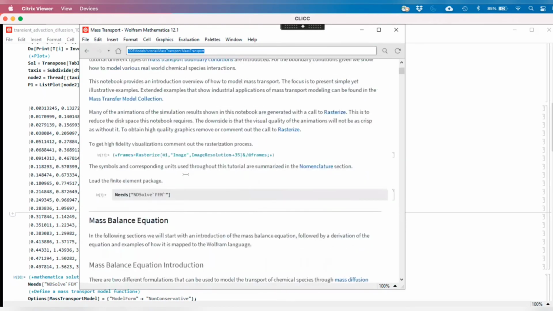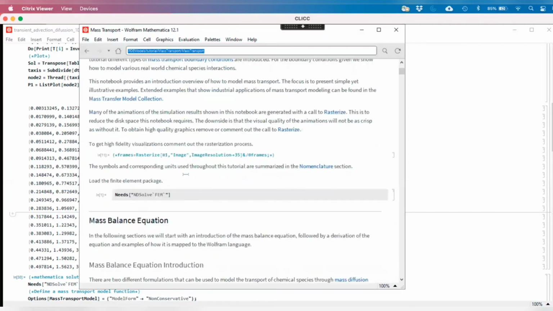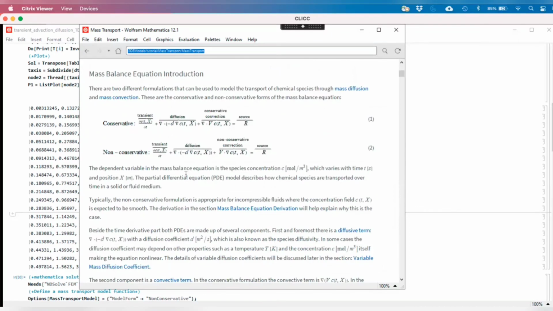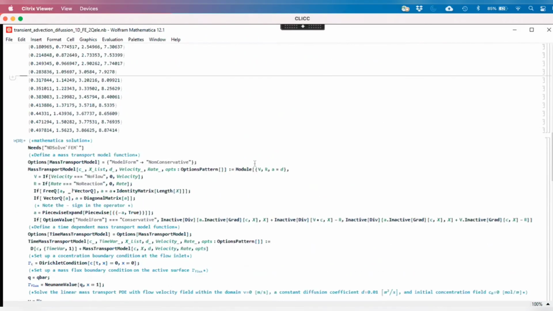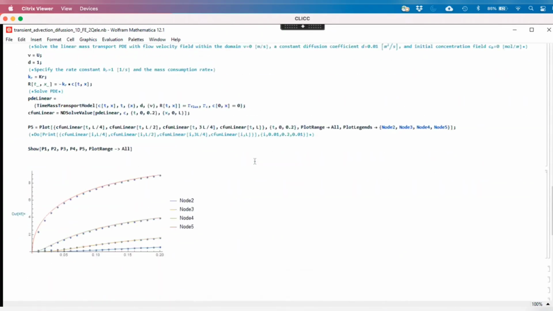I'm not going to go over the details of this, but by following this procedure and maybe making some modifications to the tutorial, I arrived at the solution of the differential equation.